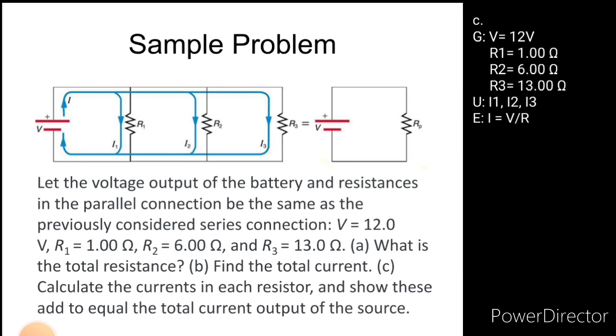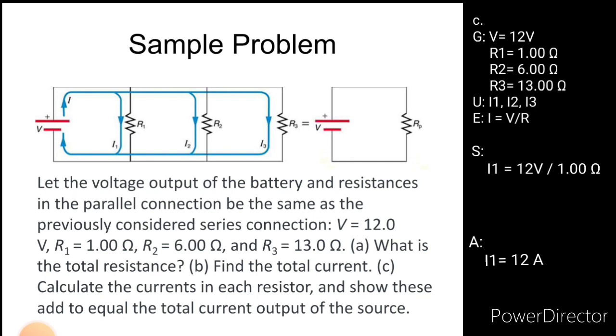Okay, so for R1, we have I is equal to V over R1. So that would be 12 volts divided by 1 ohm, and that would give us a current of 12 amperes.